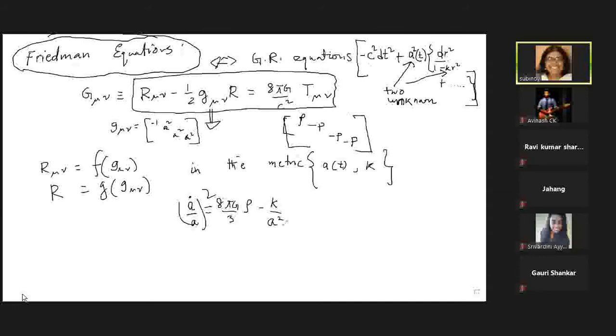Because the left hand side is just, you can just erase this part. Just write here K by A square plus. So this you should remember totally. The first Friedmann equation.